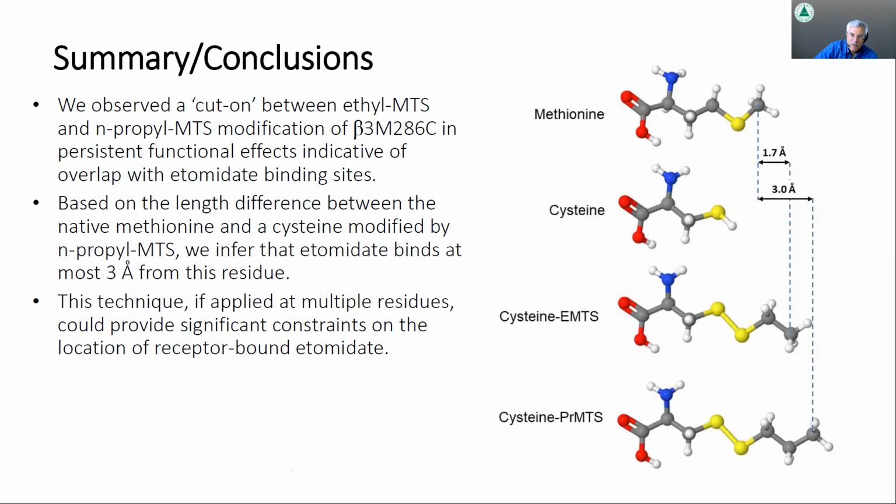In terms of our interpretation, relative to the native methionine shown on the top here, the cysteine modified with Propyl-MTS is approximately 3 angstroms longer. This suggests that the etomidate site is at most about 3 angstroms from the amino acid methionine, which is the native one. And our hope is that applying this technique at multiple residues in that pocket will help provide additional constraints on the location of receptor-bound etomidate.